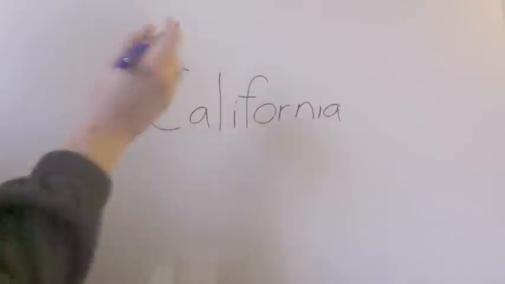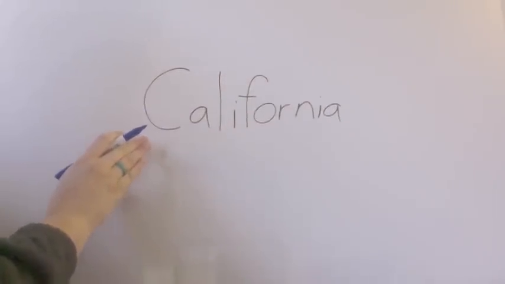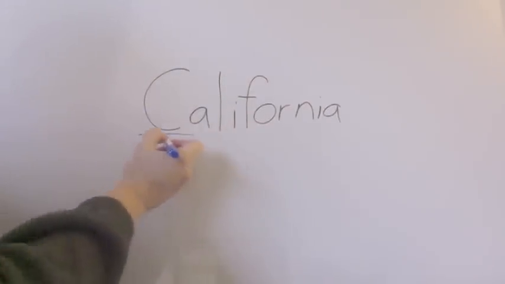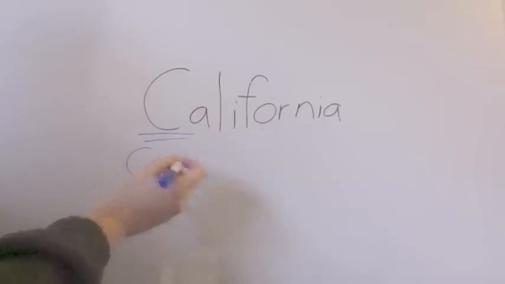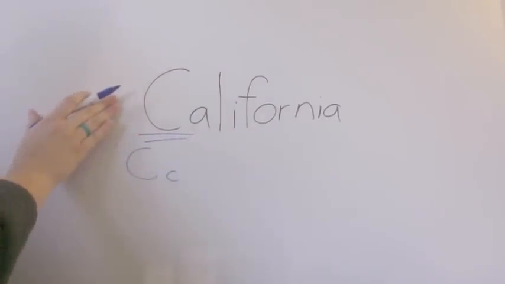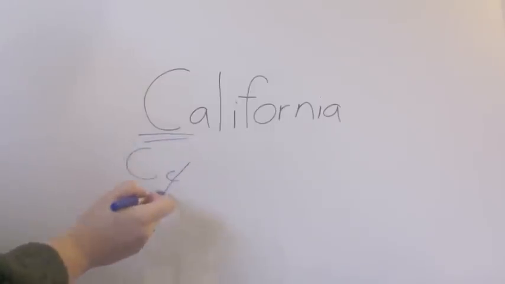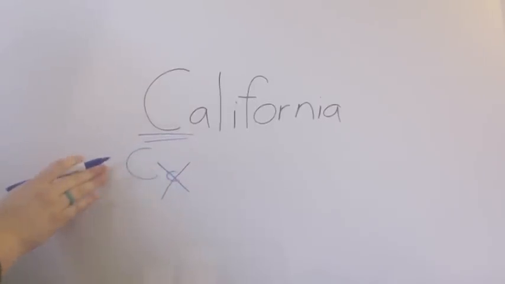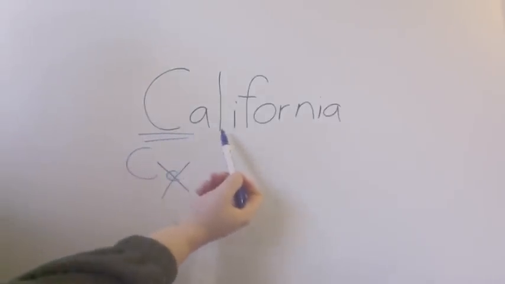California. This is the name of a state in the United States. Because it's a name, you need to make sure that you have the big C and not the little c. Always the capital C. So, California.